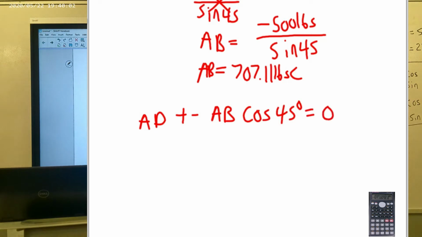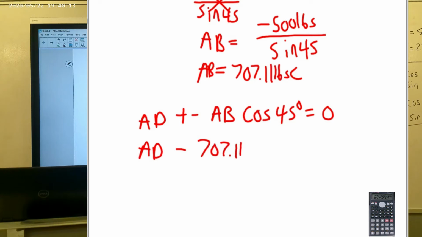Well, I have a value to plug in for AB. So what I can then say is AD minus 707.11 pounds times the cosine of 45 degrees equals 0.